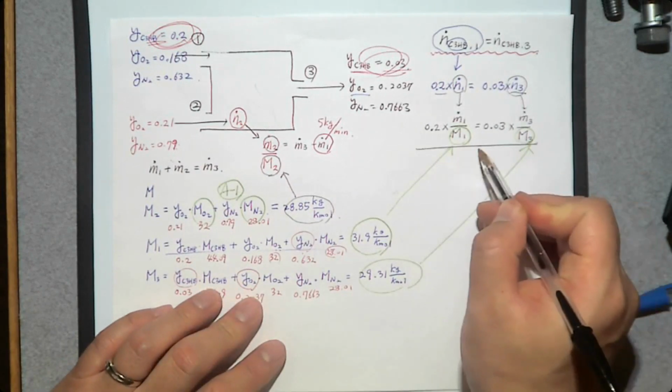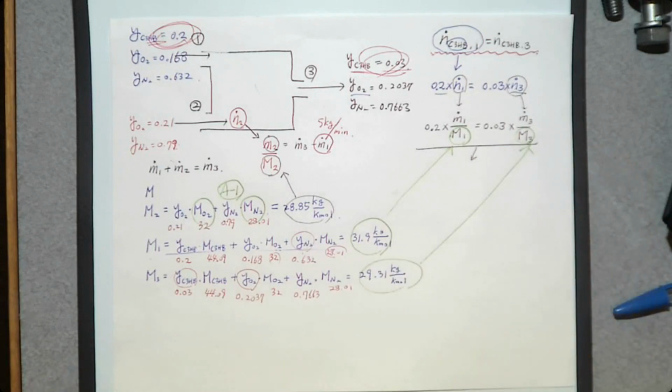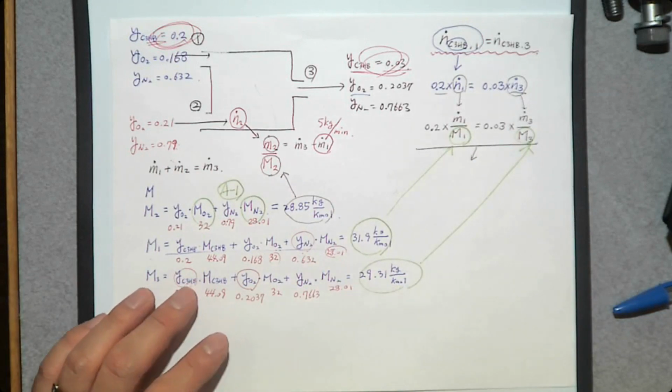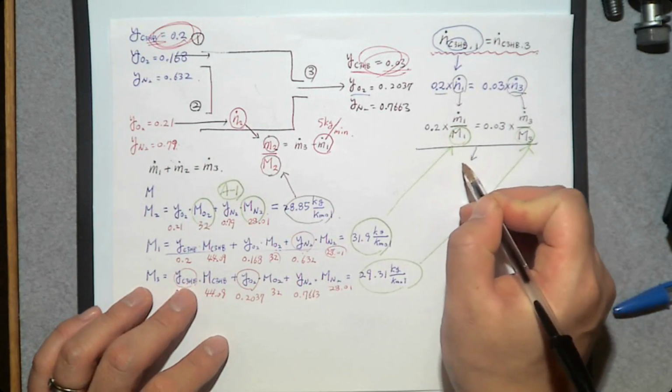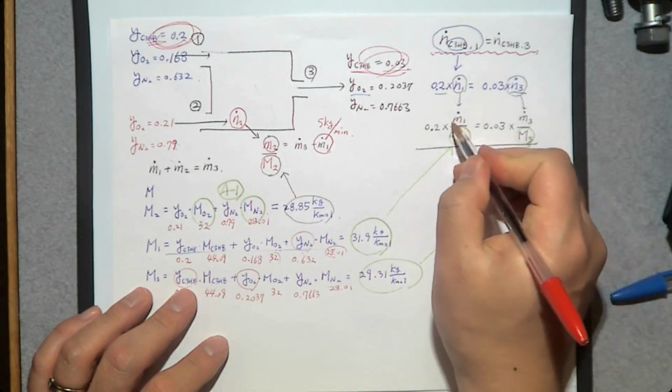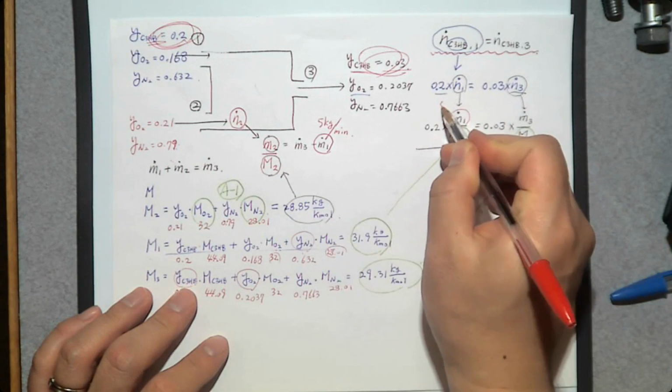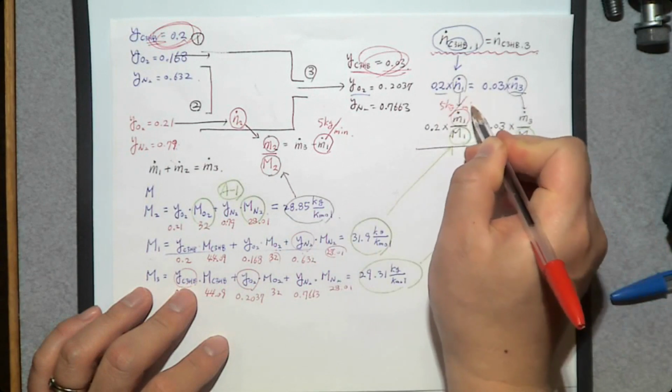Then from this equation, we have everything about the relation between m dot number 1 and m dot number 3. So m dot number 3 is... and this m dot number 1 is what? 5 kilogram per minute.